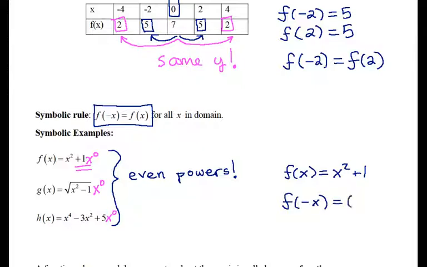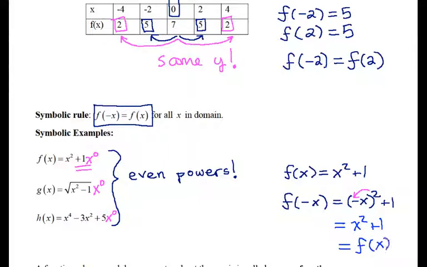Well, that's just (-x) in parentheses, quantity squared, plus 1. But now I can tell that the exponent of 2 is applied to this negative sign, so that result is always going to be positive, and therefore this simplifies to the same as x squared plus 1, which is the same thing as f(x).